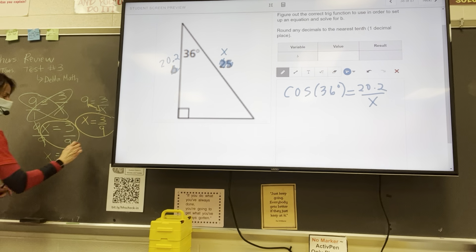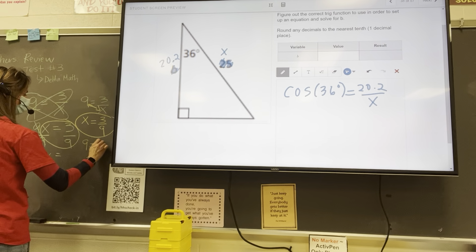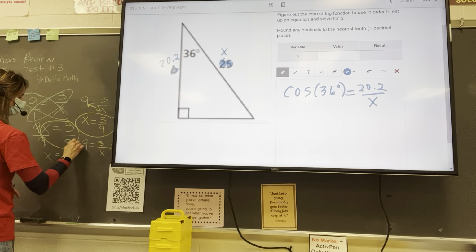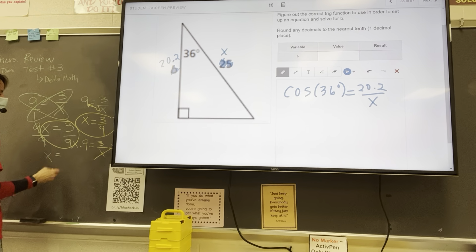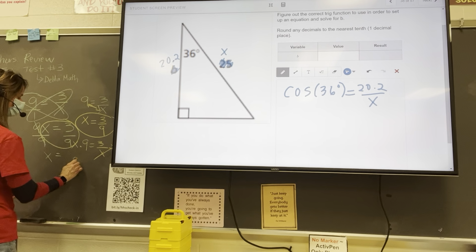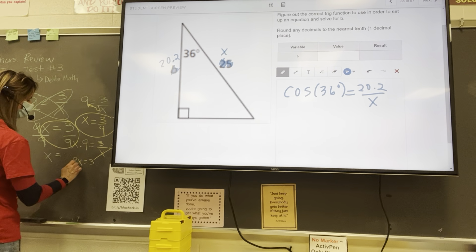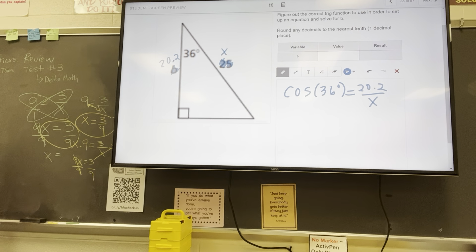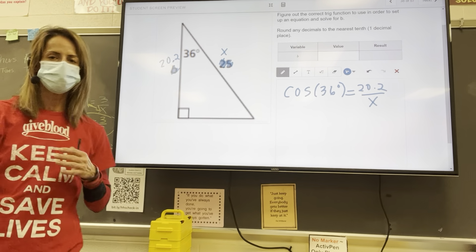The other way you can think about it is multiply both sides by x. That way you're still getting 9 times x equals 3, and then you're dividing both sides by 9. However you want to think about it, you are dividing, 3 divided by 9.